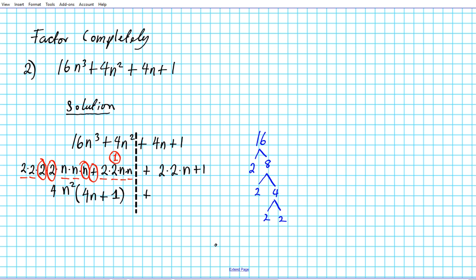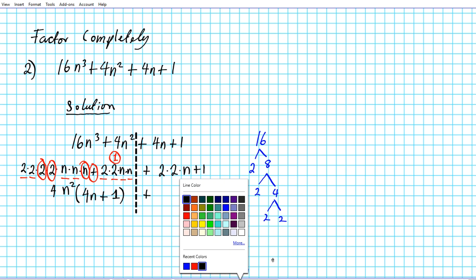Now the right side of the partition, we're going to do exactly the same thing. Let's look for common factors to the right and left of this plus sign. We have 2 times 2 times n, and then 1 here. There are no common factors. Anytime you cannot see a common factor to extract, you will automatically pull out the default common factor, which is a number that goes into every number.